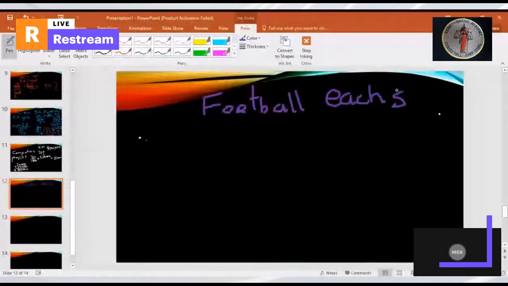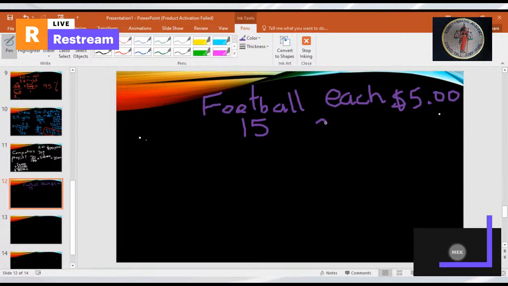Okay, so you paid $5 for each one, and let's say you bought 15 of them. You're selling them back, and you have decided you want 20% profit on the footballs. So you need to work out how to sell each one.